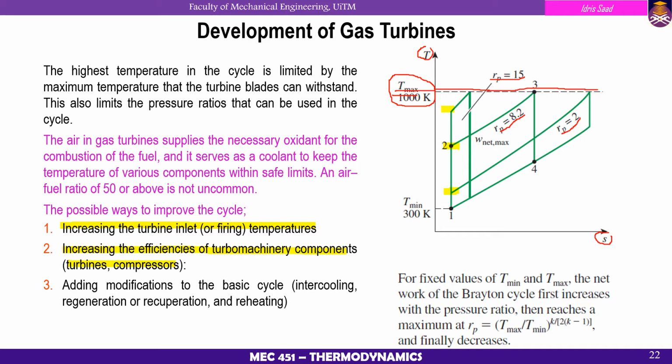And number three, we can add modifications to the basic cycle, which is we can add intercooling, we can add regeneration or recuperating, and we can reheat the cycle. So basically we will focus on this area on the improvement or development of the gas turbine engine.